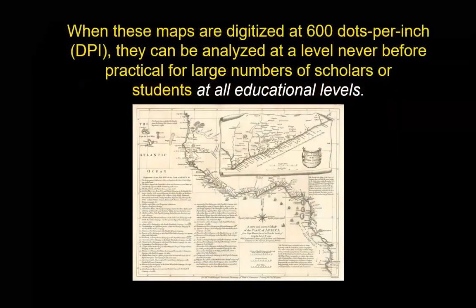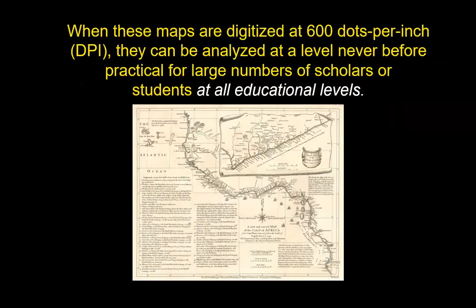When these maps are digitized at 600 dots per inch, they can be analyzed at a level never before practical for large numbers of scholars or students at all educational levels.